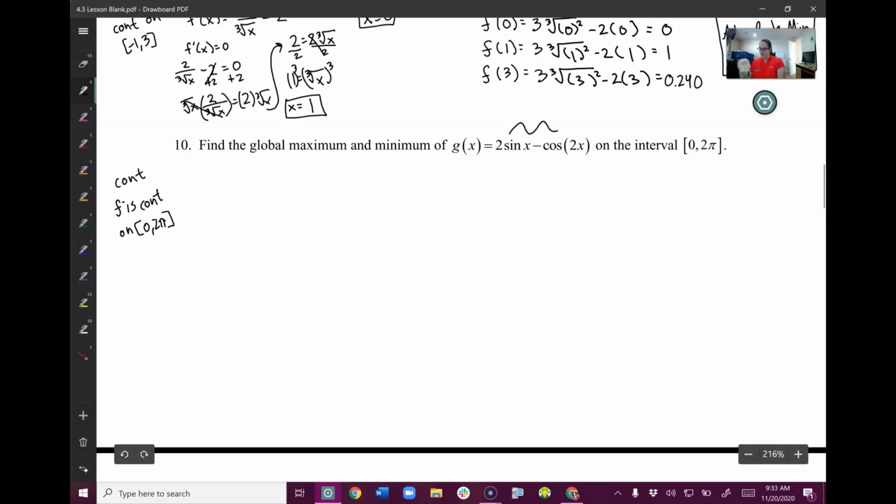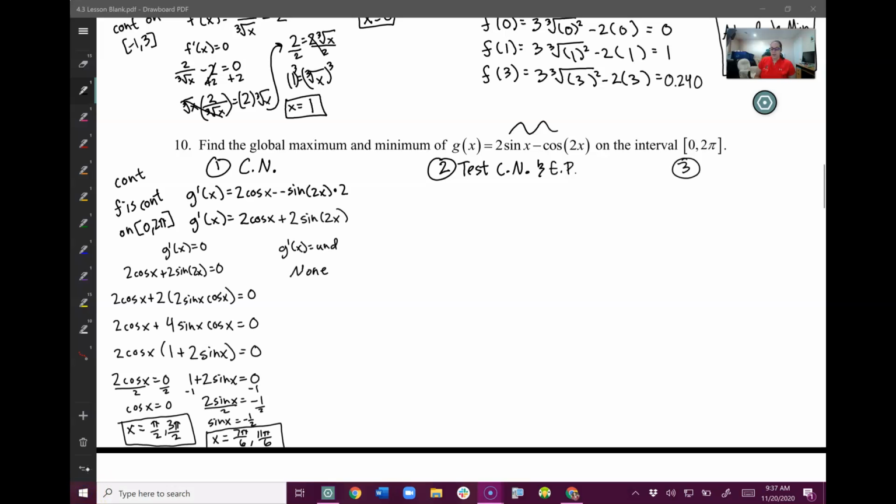We're good. So step 1, find your critical numbers. Step 2, test your critical numbers and your endpoints. And then step 3, write your final answers.